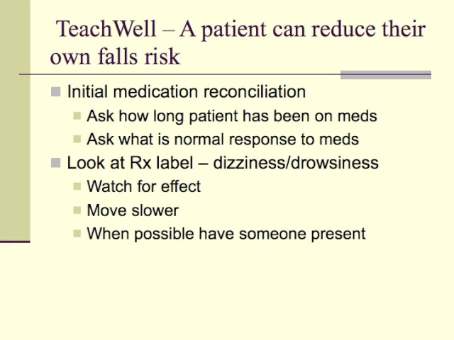We want them to move slower, and that is with ambulation, so anytime they're walking around or transferring from one place to another, or when they're even rising from a sitting or lying position. And then, if possible, have someone present for observation when they have that new medication and they're watching for the effect.